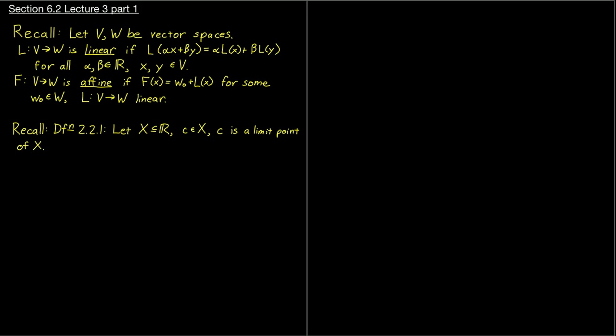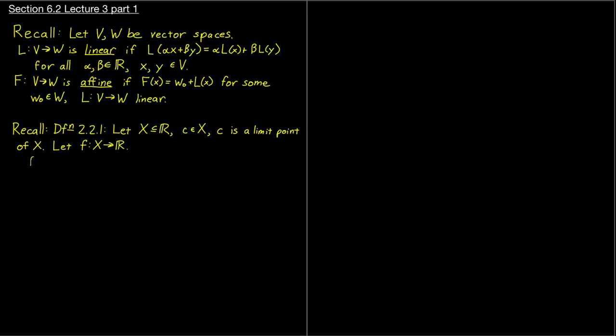Most of the time, X is going to be, say, an open subset of the real numbers, and so, of course, all the points in X are limit points, but if you need more generality, most of the things we did in Chapter 2 work for derivatives at limit points. Then let's let f be a function whose domain is X and whose range is the real numbers.